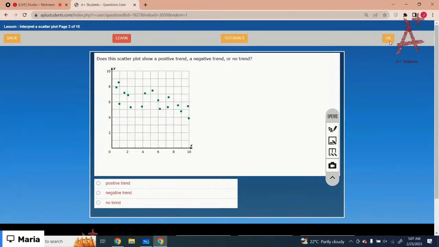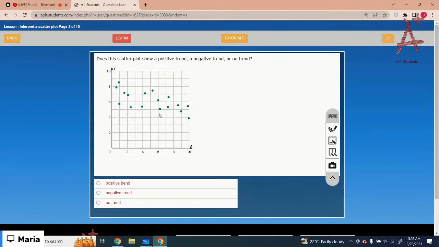Does this scatter plot show a positive trend, a negative trend, or no trend? Got it? So just look at the values. When x is 1, y is around 10. When x is 2, y is around 6. When x is 4, y is around 5.